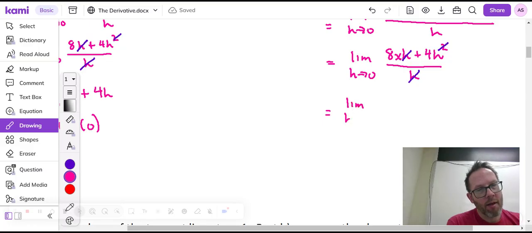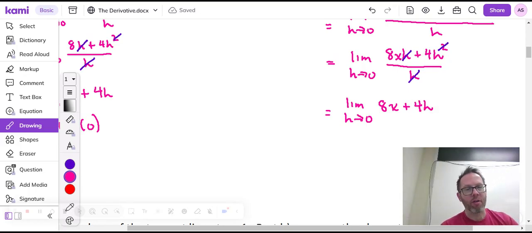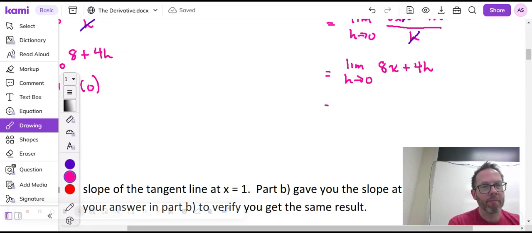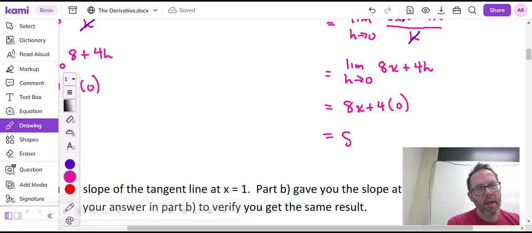So we'll get the limit as h approaches 0 of 8x plus 4h. There's nothing wrong with plugging in h equals 0 here, so we're going to do it. And we get 8x.